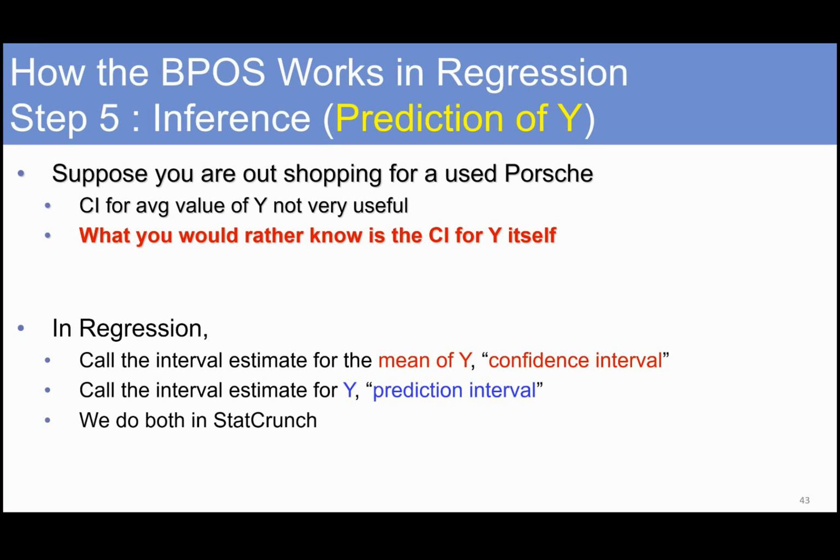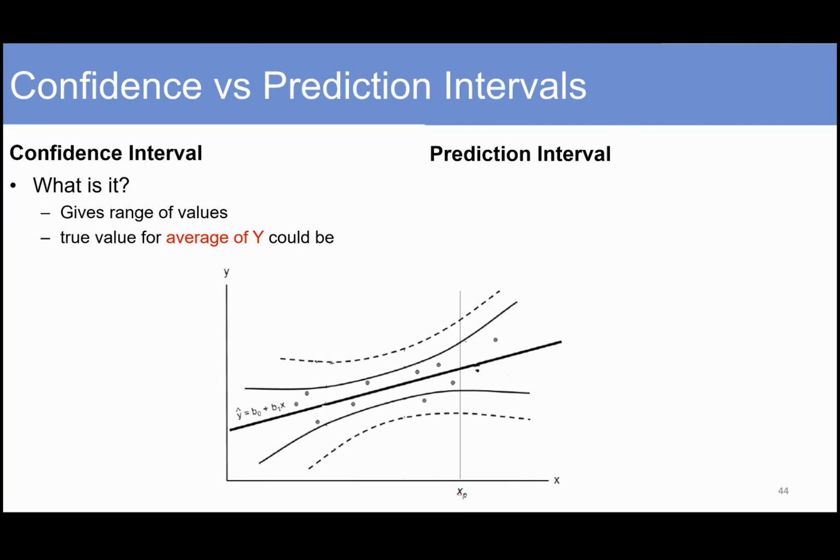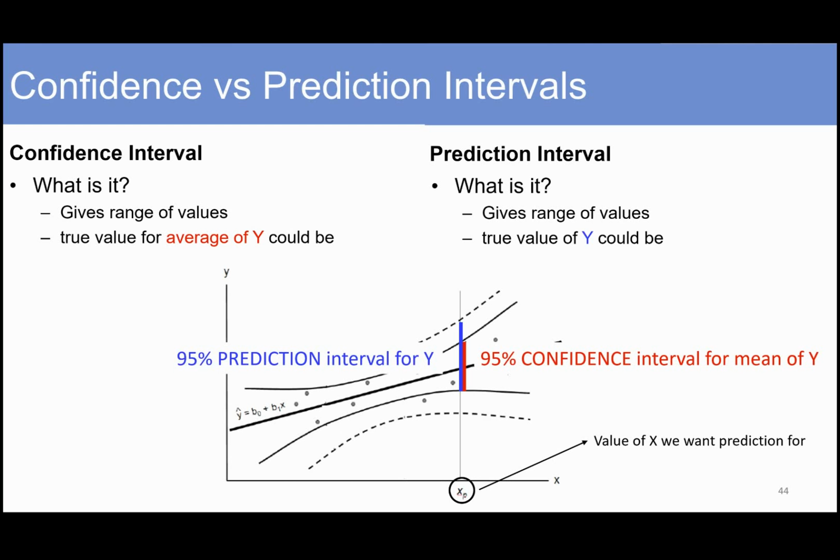And we can do both in StatCrunch. Let me show you how it works. The confidence interval gives us the range of values that we think contain the average value of y. So if I pick out a specific value of x that I want to do a prediction for, this would be the 95% confidence interval for the mean of y, like the 95% confidence interval for the average Porsche price. When I want an interval that contains the true value of y, I compute a prediction interval.